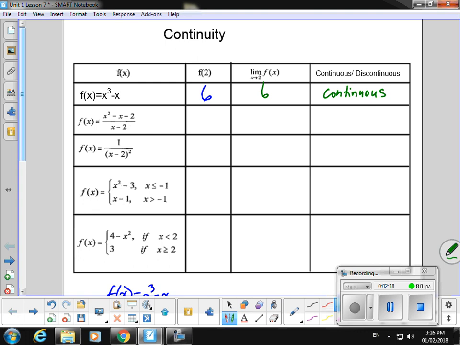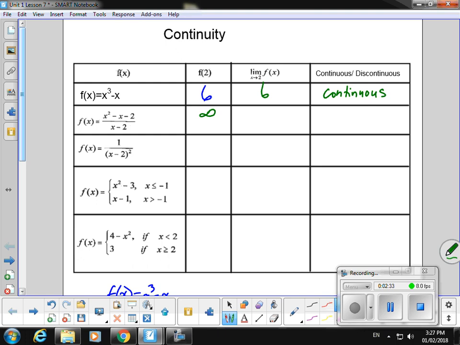For the second one, we have f(2). If I put a 2 in there, I'm going to have a problem. I'm going to have my calculator swear at me. We could write undefined.